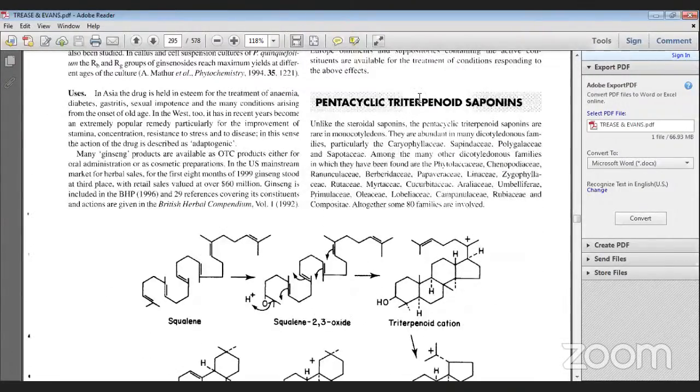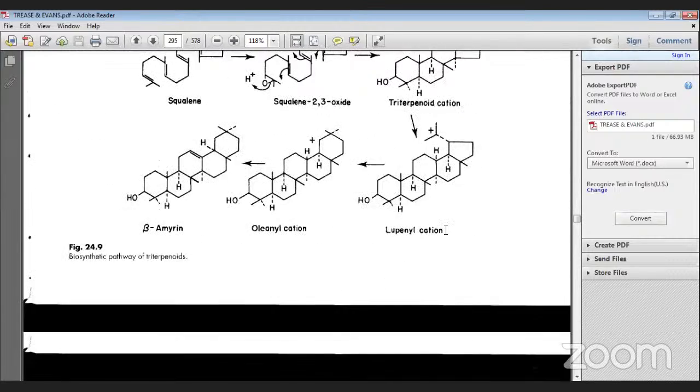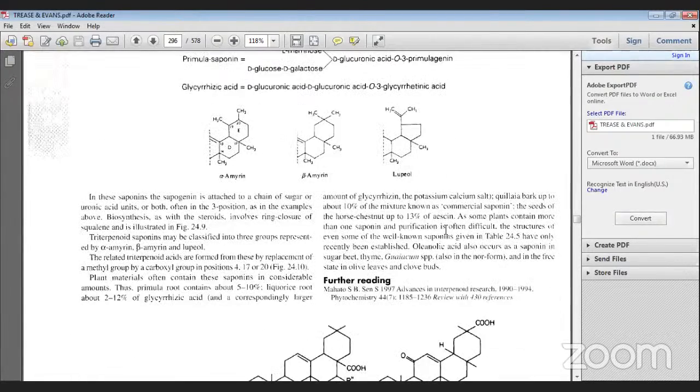Next are the pentacyclic triterpenoid saponins. These pentacyclic triterpenoid saponins are very rare in nature; they are not present abundantly.